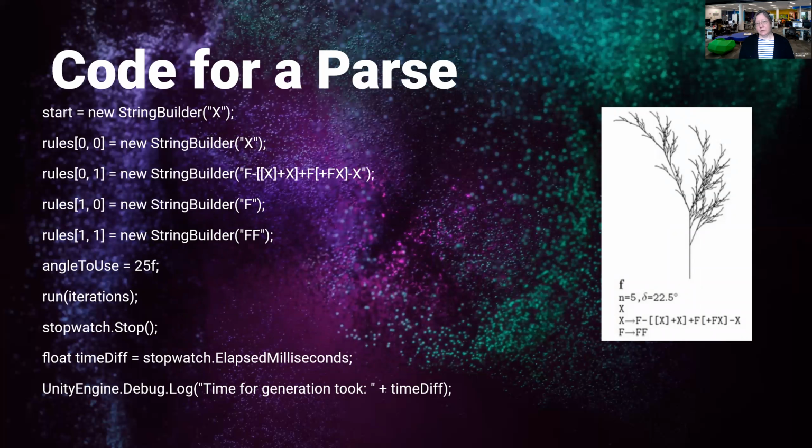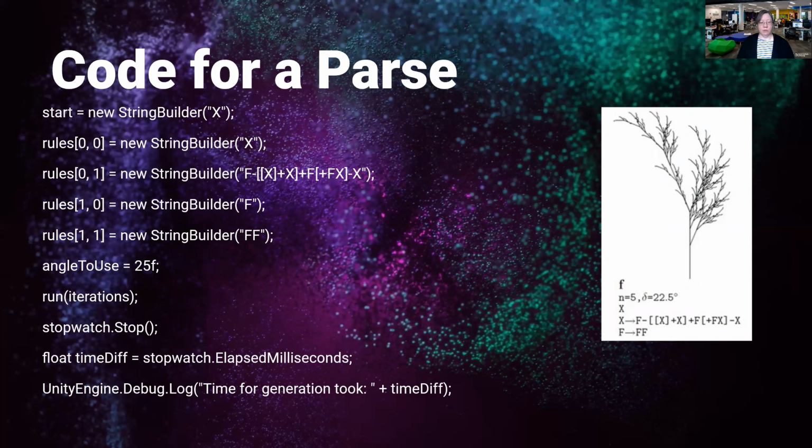So the code for the parse, originally the naive solution, is a string builder in C#. So it's a simple Unity script. It's a string builder that has a two-dimensional array of rules to strings.